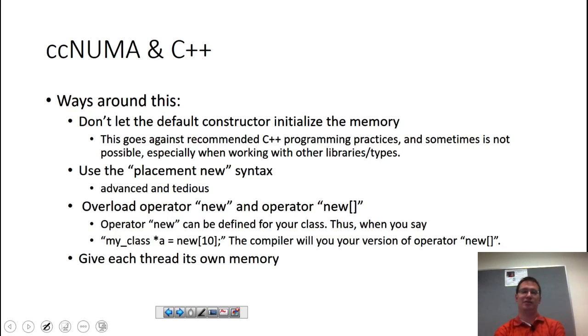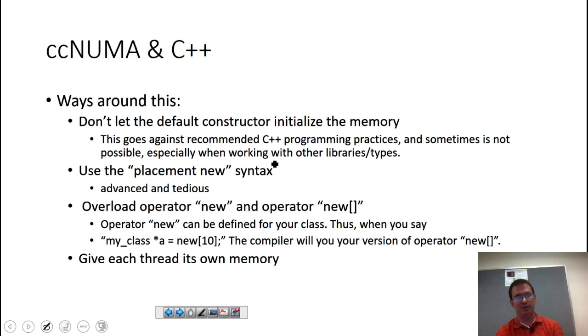However, this goes against all recommended C++ programming practices. The default constructor is supposed to set up your object to be in a default state. And if it's not, then undefined things can happen. And sometimes, of course, it's just not possible, especially when you're working with other libraries or other types.